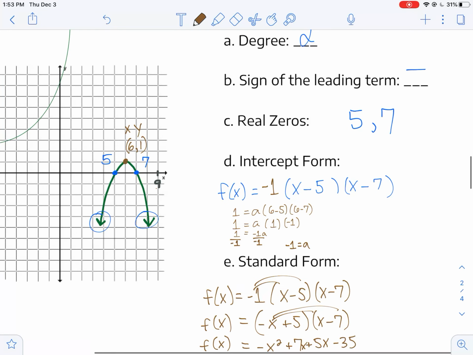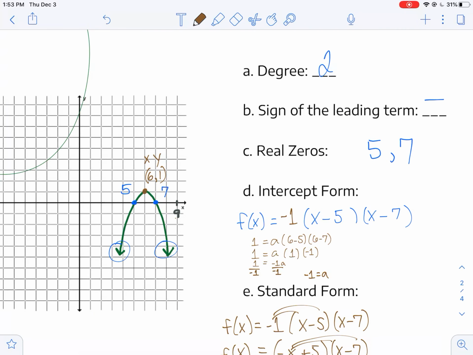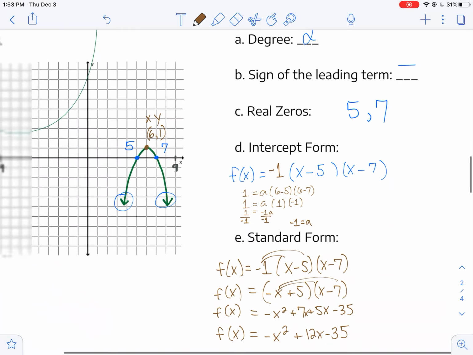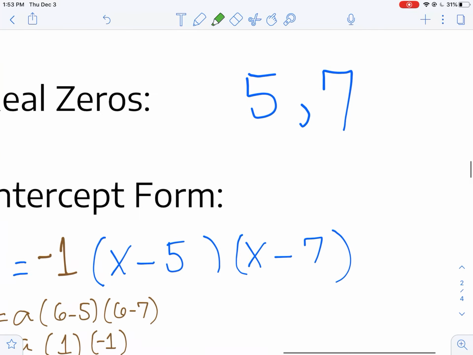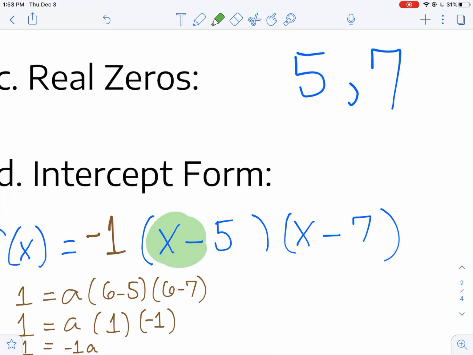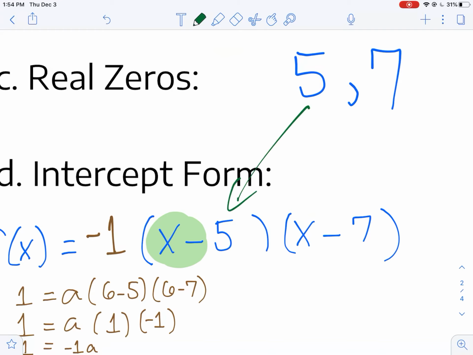First, you identify the sign of the leading term, which tells you whether your coefficient is going to be positive or negative. Identify your real zeros, just like I did. Then for intercept form, x minus the real zero, and again x minus the real zero.